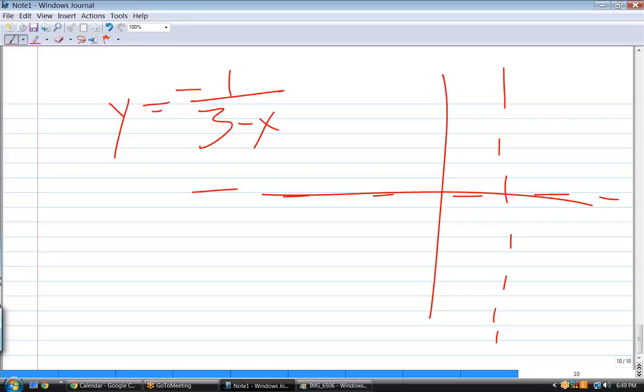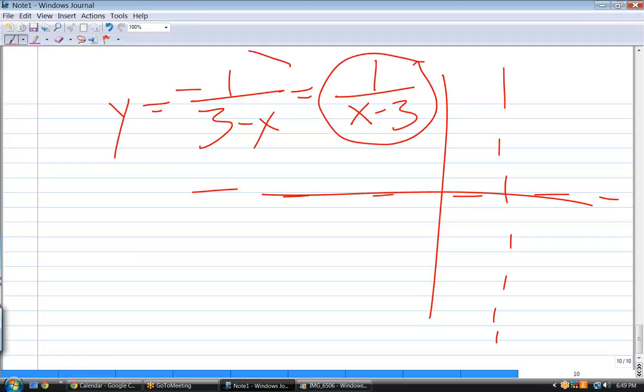That's back to first and third, because that's the same thing as positive 1 over x minus 3. So you have to be careful of how many negative signs you're watching. I have a negative in front of the x, but a negative in front of the function, which cancels it out. So this is first and third.